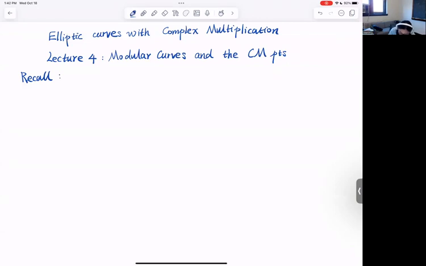Recall, in lecture 1, we discussed the definition of elliptic curves with complex multiplication.